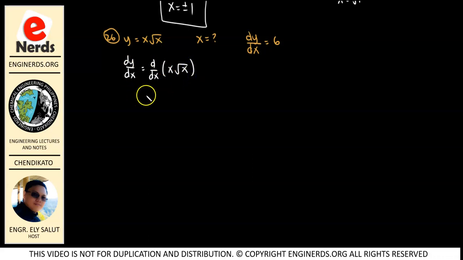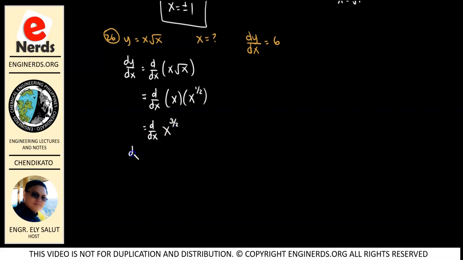Now, we know that this is also equal to x times x to the 1/2. Okay? So, by the rule of exponent, we can add the exponent of this. So, we have 1 plus 1/2. So, this is d over dx will be equal to x to the 3 over 2. Right? Now, we can now get the derivative of this.